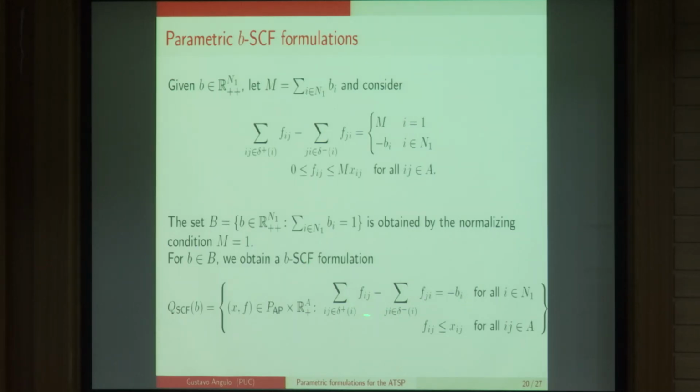We have these balance constraints, and notice here that we are not taking into account the first one, because the first one is redundant given the remaining constraints. Okay, recall that in these flow formulations, we can always eliminate one of the flow balance constraints because it's redundant given the others. Okay, so we have these constraints and these variable upper bounds. Good.